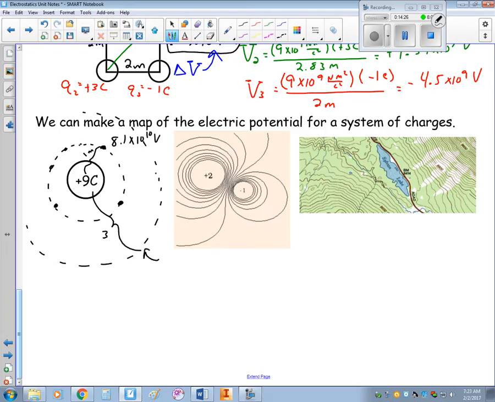Everything on this line would have a voltage of 2.7 times 10 to the 10th. And we can develop this map. Now for this simple point charge, these lines would be circles. We call these equal potential lines because everything on this line has the same potential.